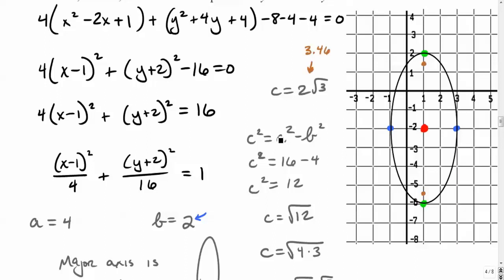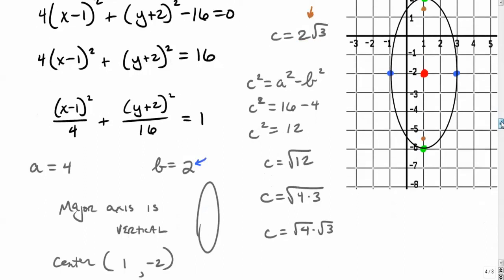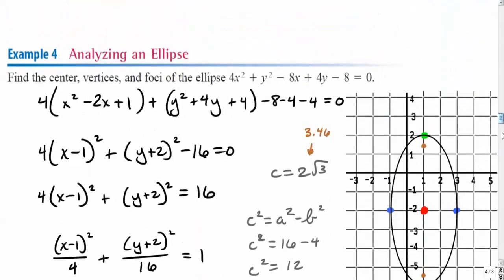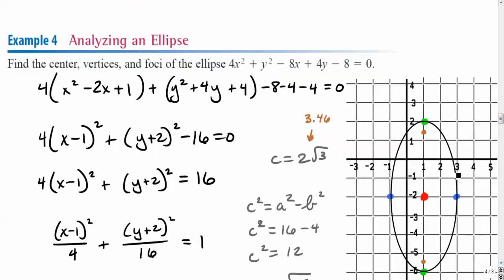All right, so I guess it's a good idea to be really thorough here and start making a list of not only where your center is, but also the location of your vertices, your co-vertices, and your foci. So let's make a list. We have our center. We said it was at 1, negative 2.